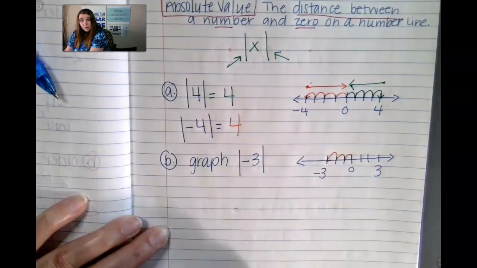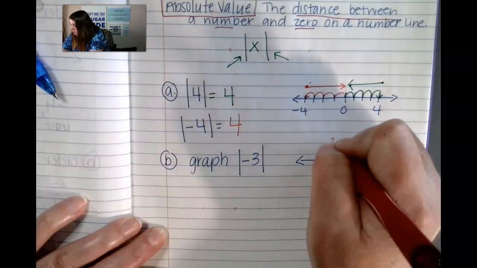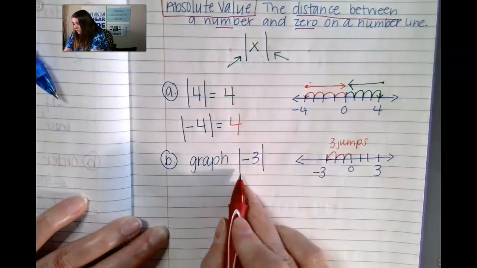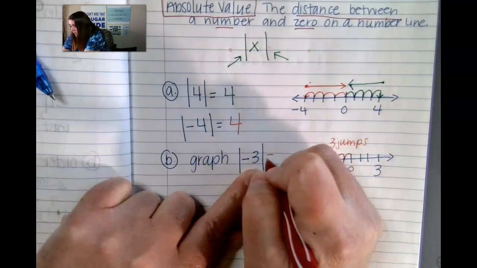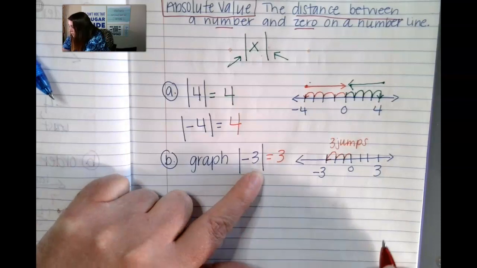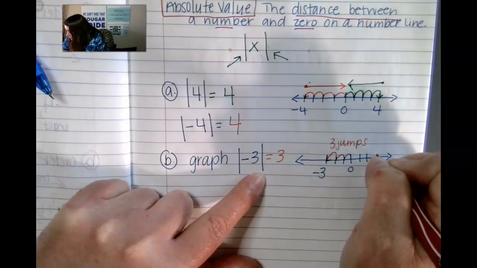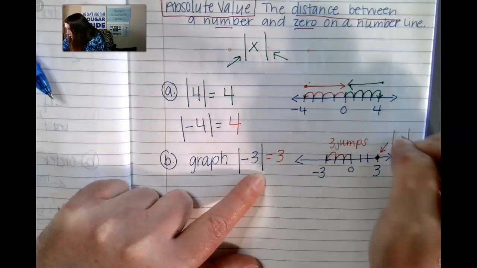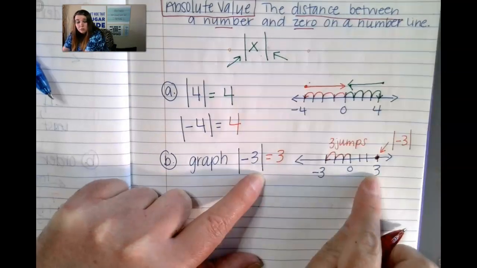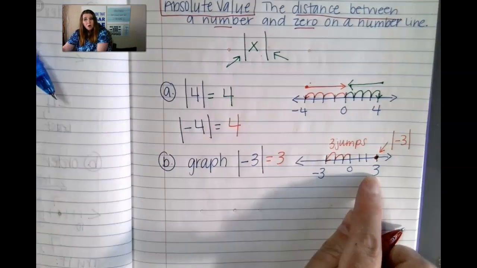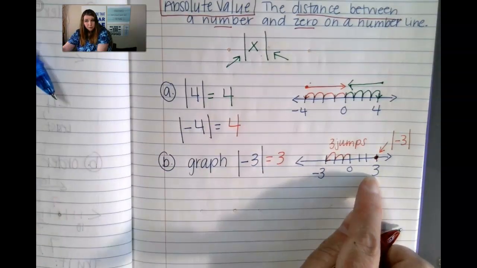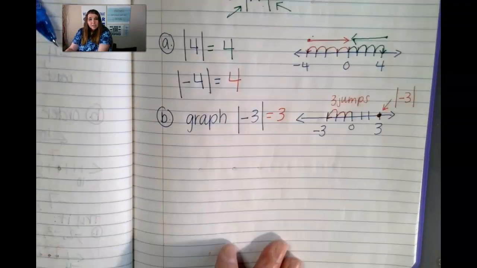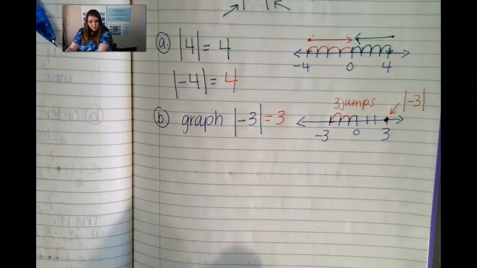So it took 3 jumps. But I need to graph the absolute value. So the absolute value of negative 3 is actually equal to 3. So I'm going to put a dot on 3. The absolute value of negative 3 equals 3. So I put my dot on the 3. Again, whatever I put into this machine is going to spit out a positive.